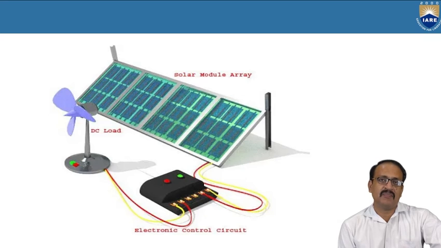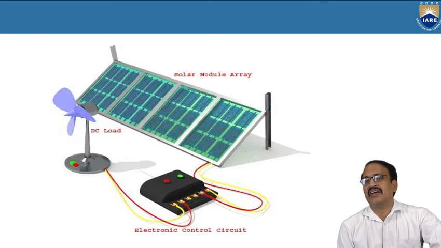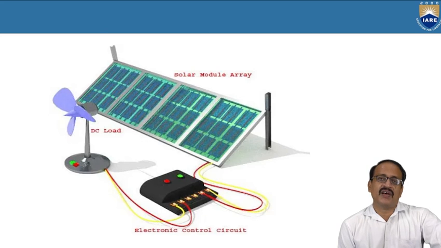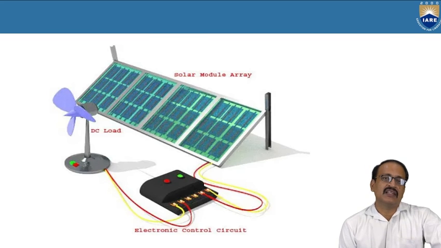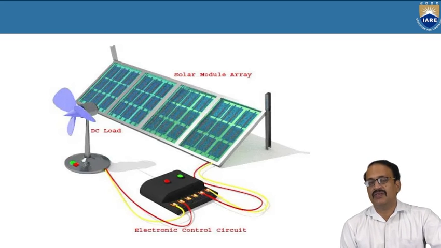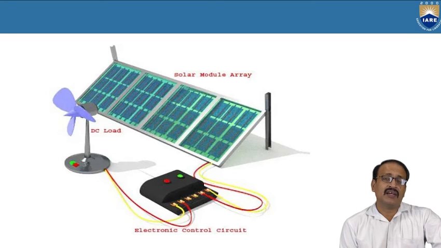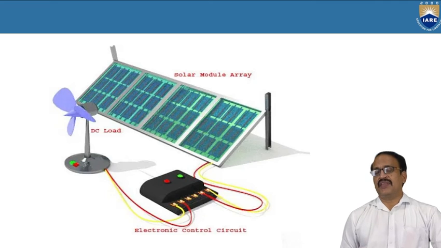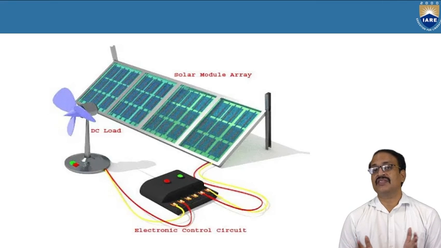We have expanded from small applications to more applications, but still something is lagging: it will function only when the sun is good, and it cannot supply during the night time. So we need something to store this energy.